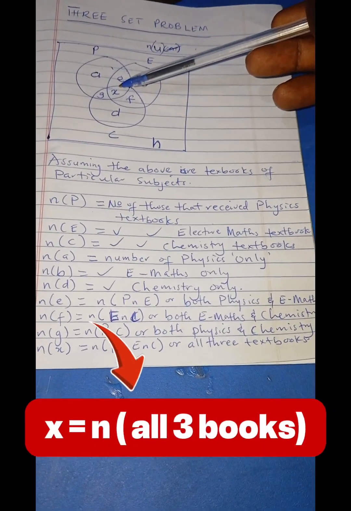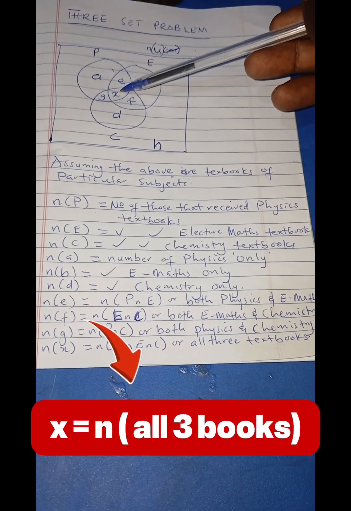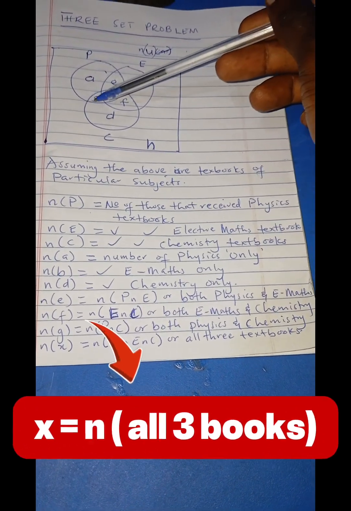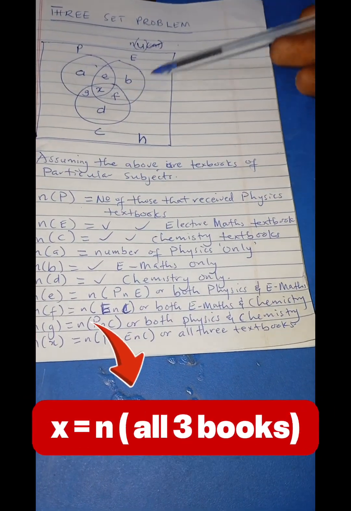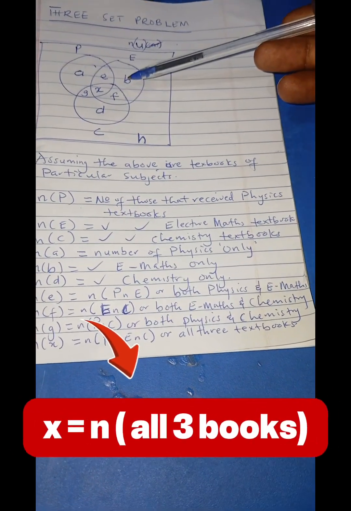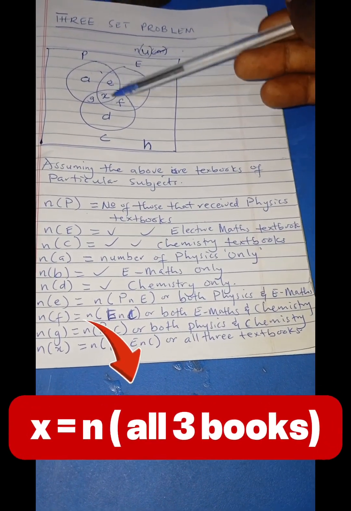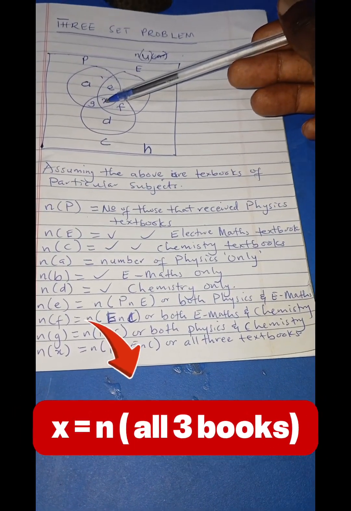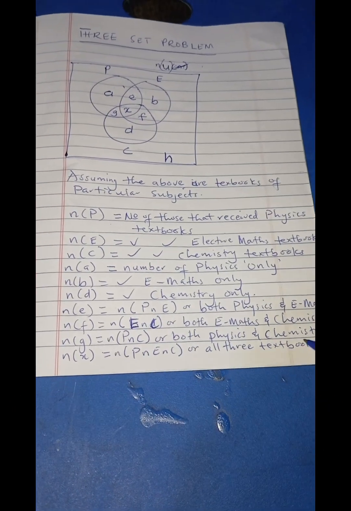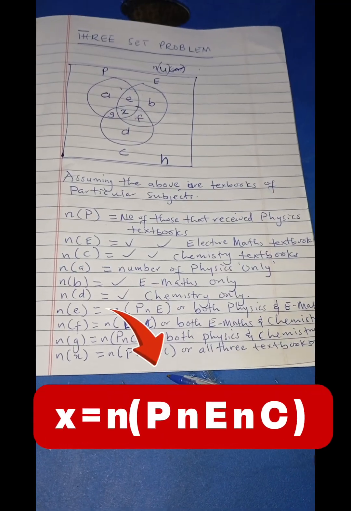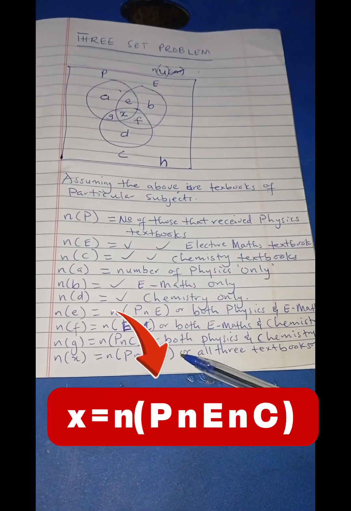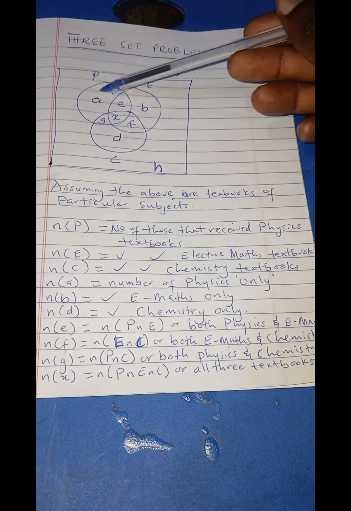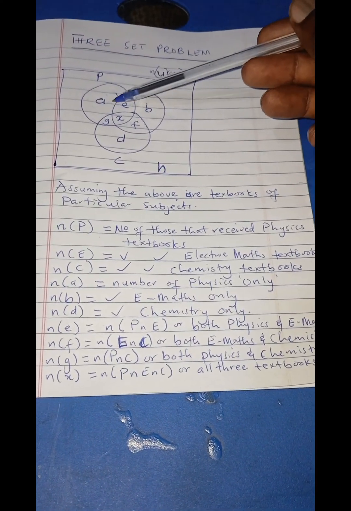Then the next thing we are to interpret is this small x. This x depicts the number of students that receive all the textbooks. You see that this x contains a bit of physics, a bit of elective math, and a bit of chemistry textbooks, so it has all textbooks. This number of students received all three textbooks, which we can write mathematically as the number of physics intersection elective maths intersection chemistry. I left this part out because there is one particular thing I want you to know.